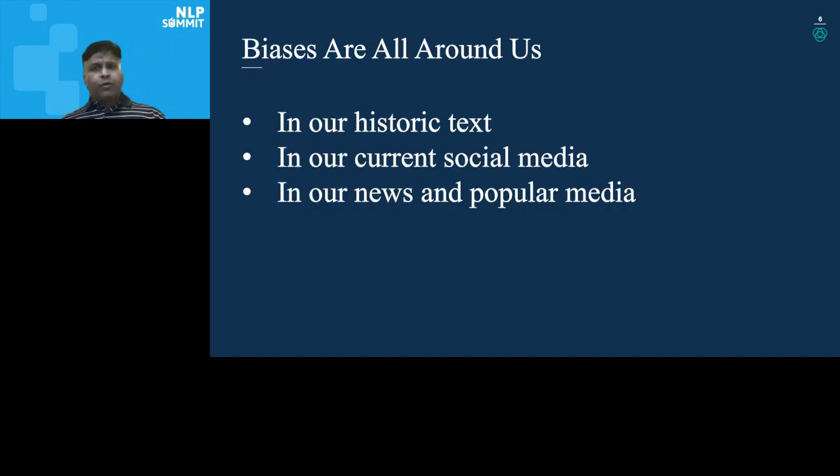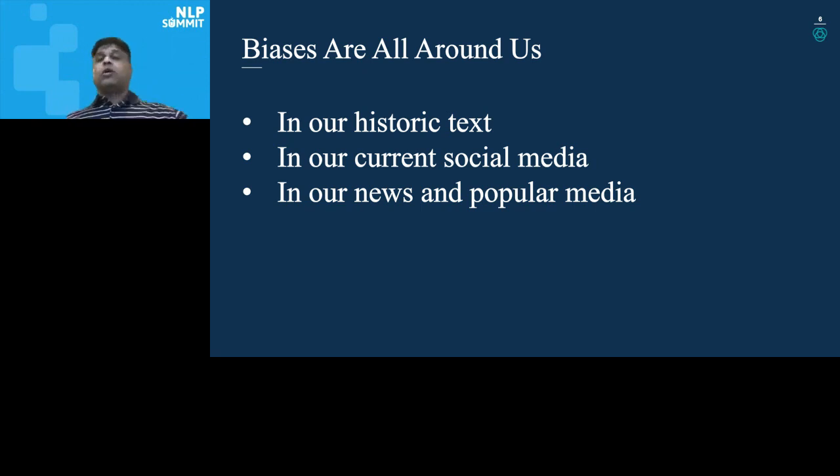So for the longest time, we have biases that are unconscious as well as culture-wide, and we've been slowly addressing those biases. And these biases are pretty evident in the historic text.